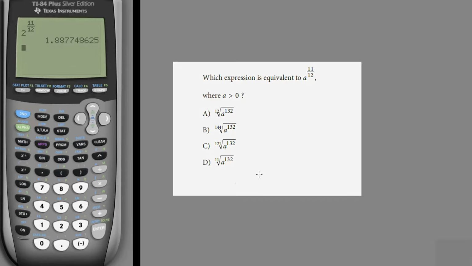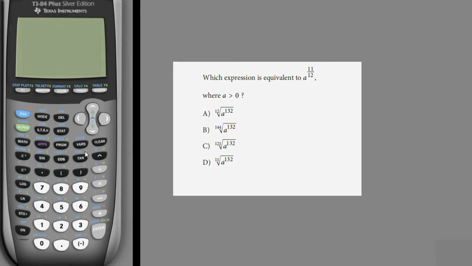So right now we're going to evaluate the options. Any option that gives us 1.88 will serve as the answer to this question, exactly this value 1.88. So let's begin with option A. Option A, we have 12 roots of a to the power 132.